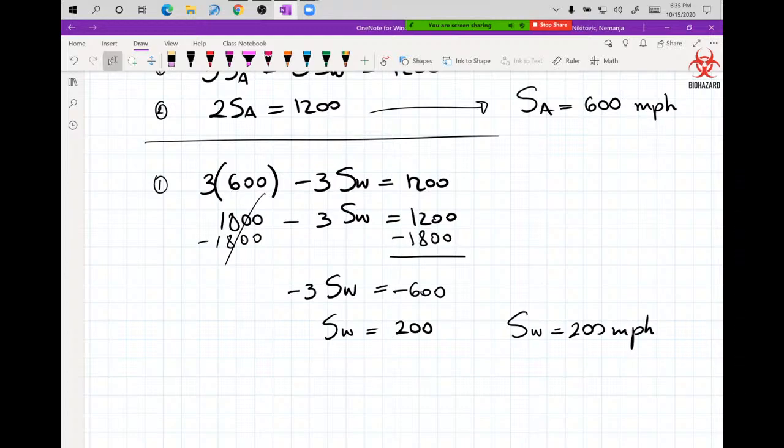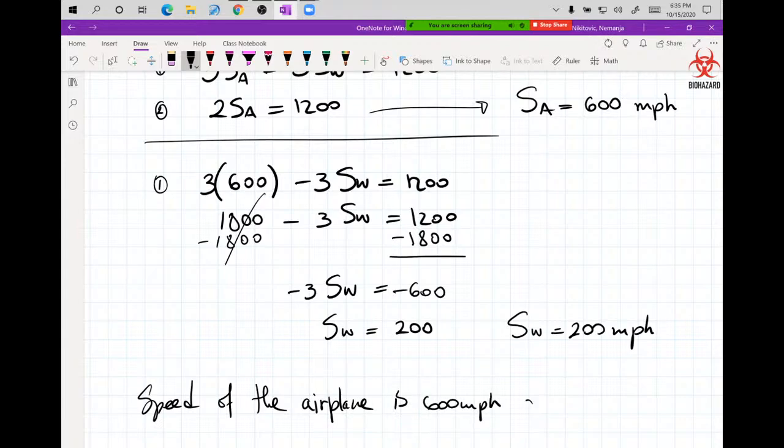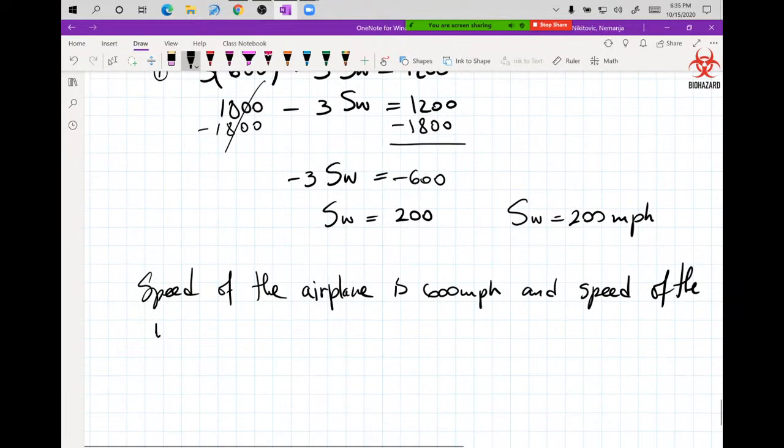The way they worded the problem, the speed of the airplane is 600 miles per hour and the speed of the wind is 200 miles per hour.